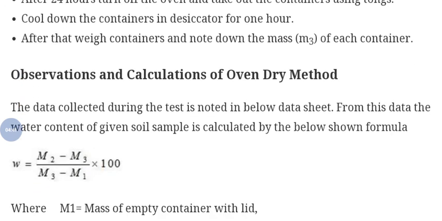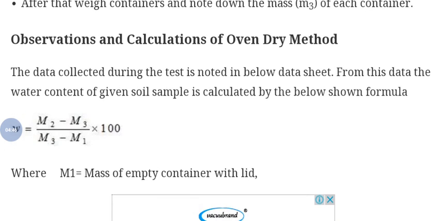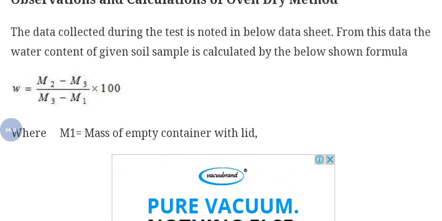Here we will see the observations. The data collected during the test is noted on the sheet given here. From this data, we can calculate the percentage of water present in the soil. As we know the formula, W is equal to weight of moisture present in the soil upon dry weight of the soil.